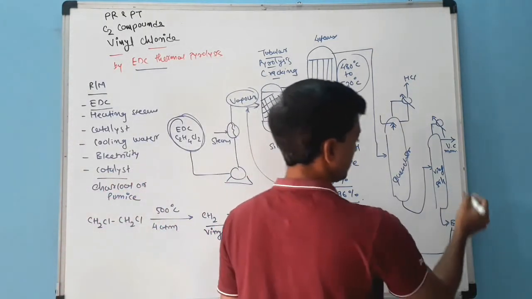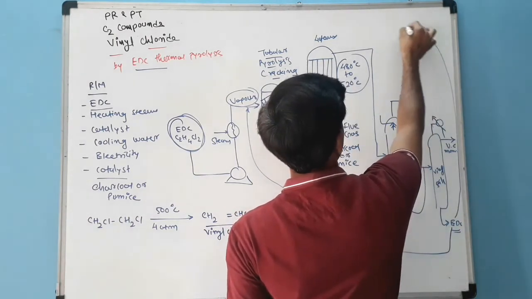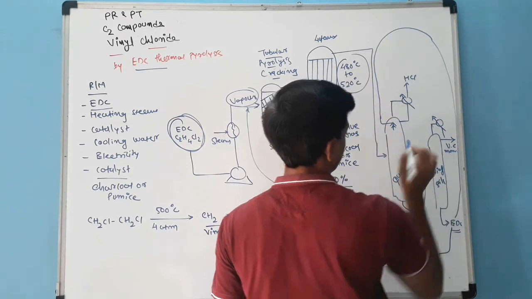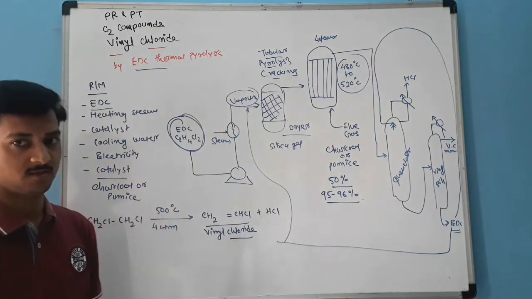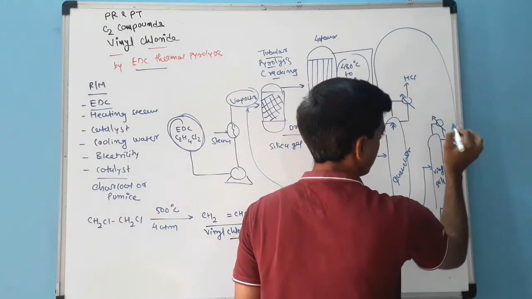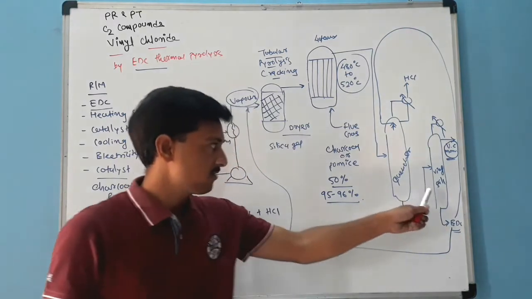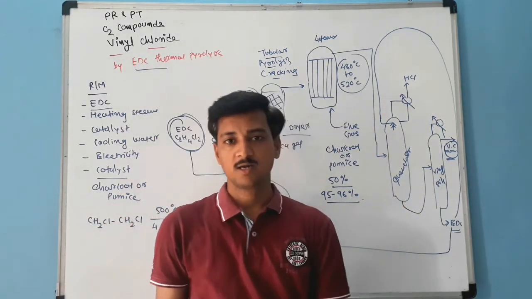Some of the EDC is recycled and quenched in the quencher. From the top we get vinyl chloride, and from the bottom of the vinyl still we get EDC.